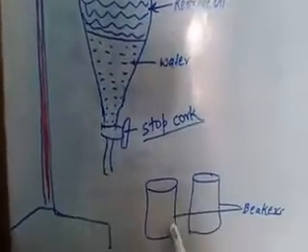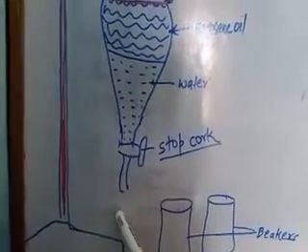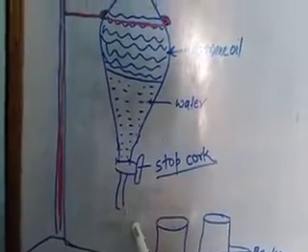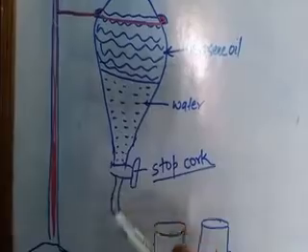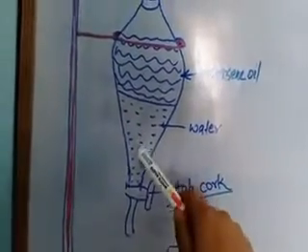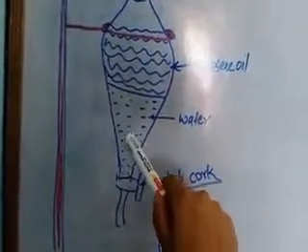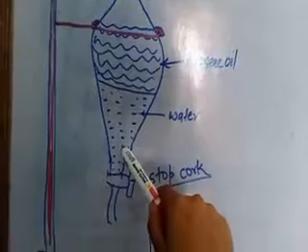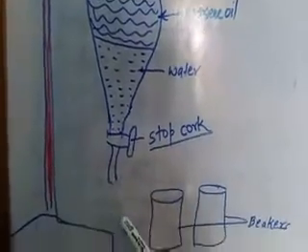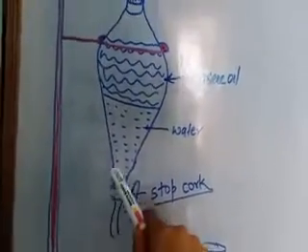What we will do is keep one beaker below this separating funnel and open the stop cork. Whatever water is there at the lower layer will come out and fill this beaker.